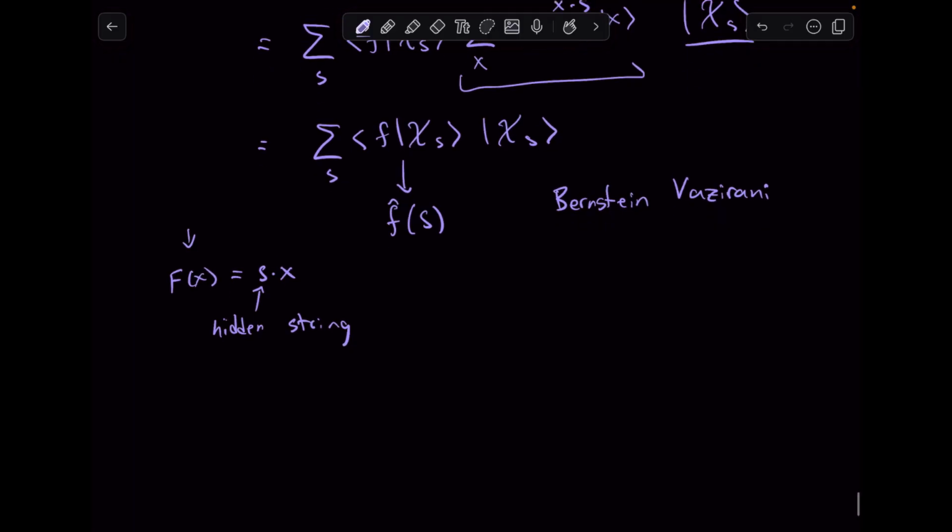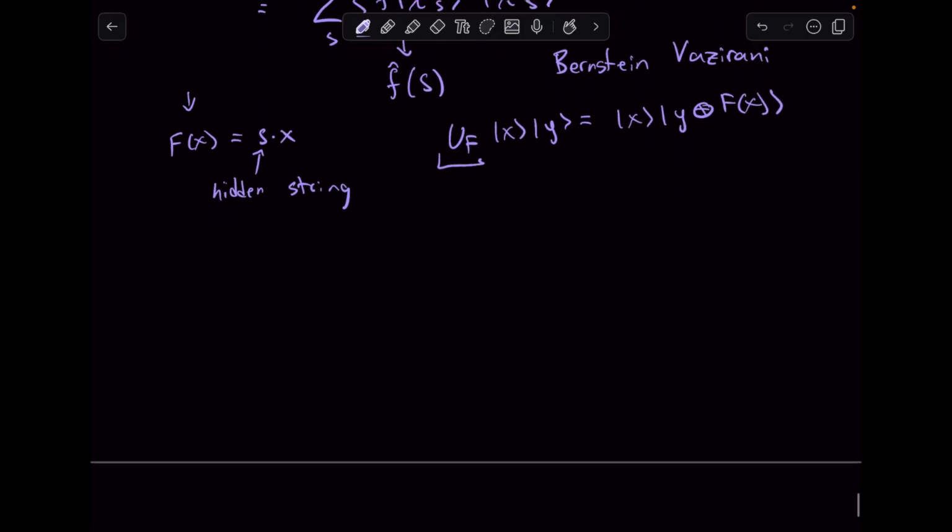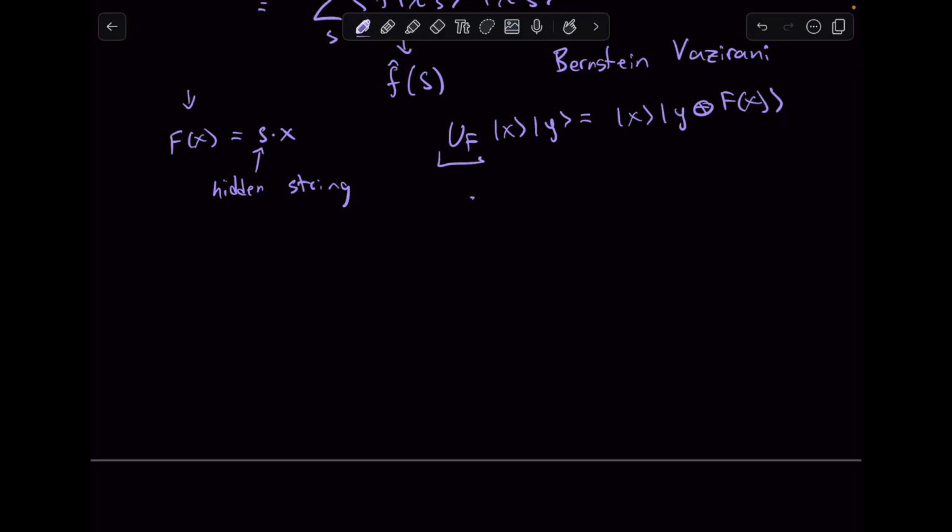And from previous videos, we know that we can use this U of f, which does this, just to remind ourselves. We know that we can use this to obtain the following state, in one call, which I'll call psi.